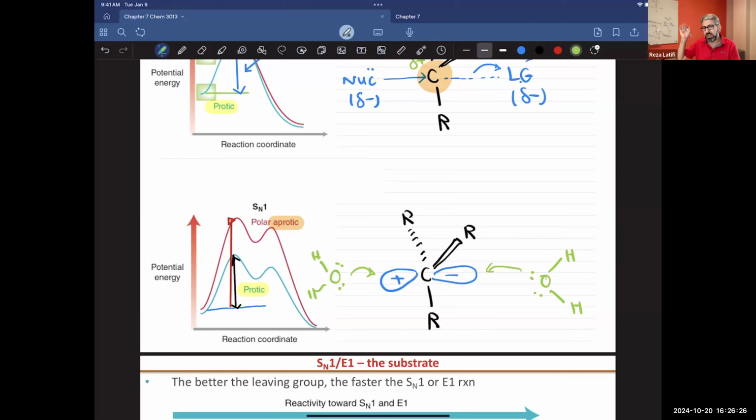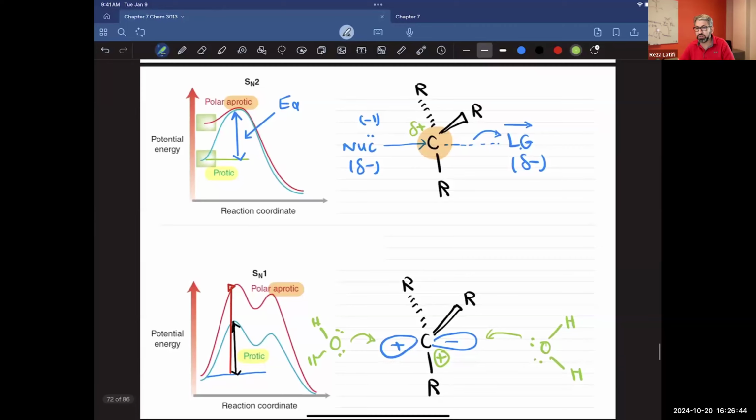Because it's flat, it can easily reach it. Yes, sometimes maybe one side is more crowded than another side. It can happen. But overall, the positive charge is open to the solvent, and the solvent can easily detect it. Well, with SN2, that wasn't the case.